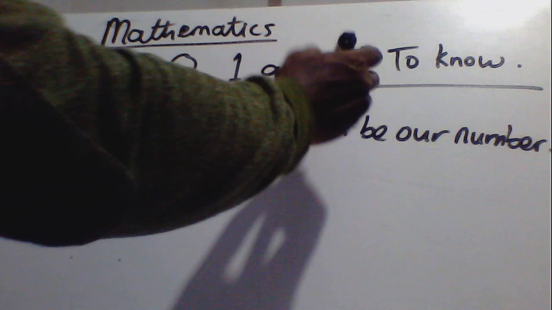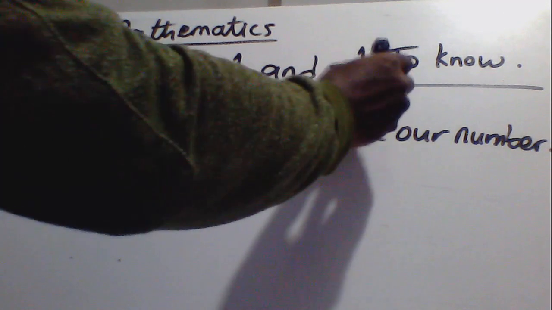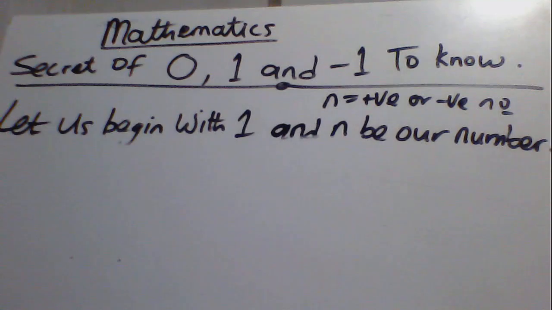So n here is equal to a positive or negative number. The first thing you have to know about 1 is when a number is multiplied by 1 or 1 is multiplied to a number, the result is the number.